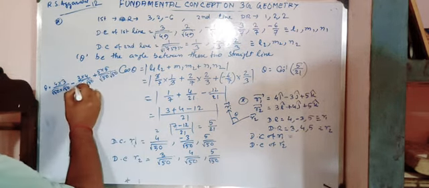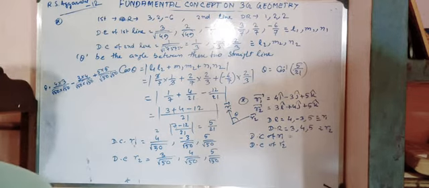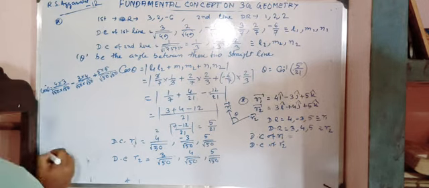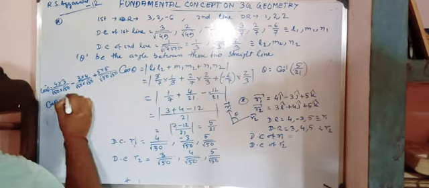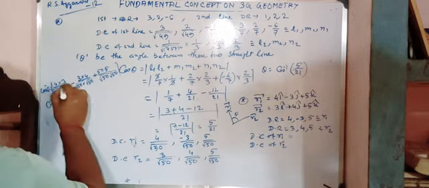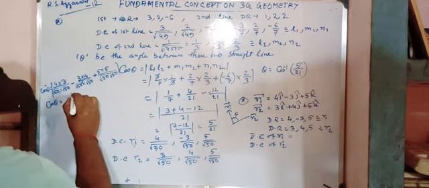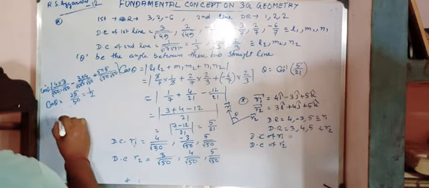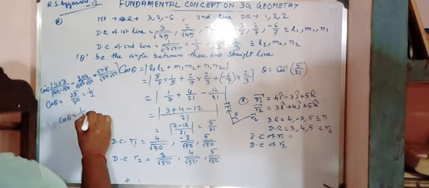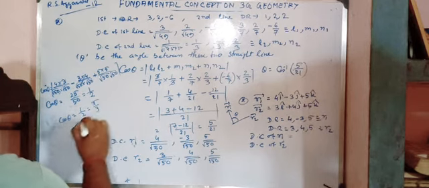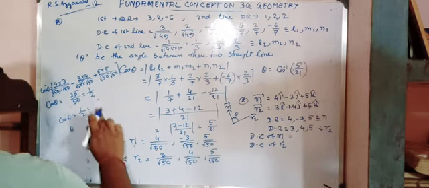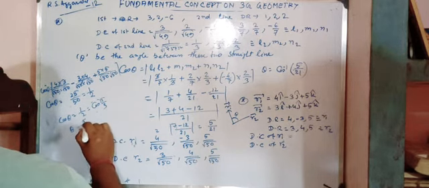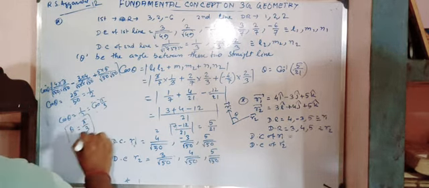So this term should be cancelled. Cos theta is the modulus of this, so we get 25 by 50, that means 1 by 2. So cos theta is equal to 1 by 2, which is cos pi by 3. So theta should be pi by 3.